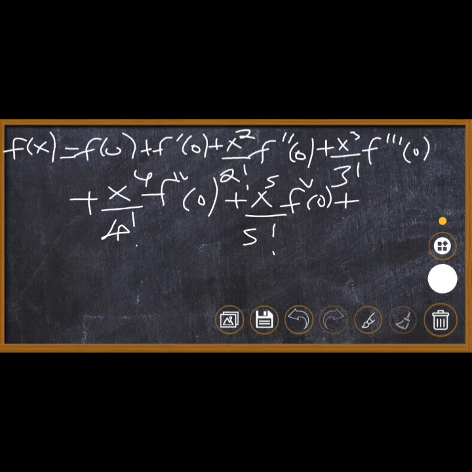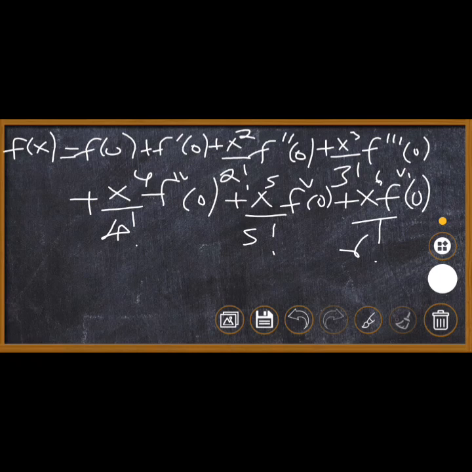So we also go up to the sixth, where we have the sixth factorial, and then the sixth derivative at 0. So let's replace now those values that we had.